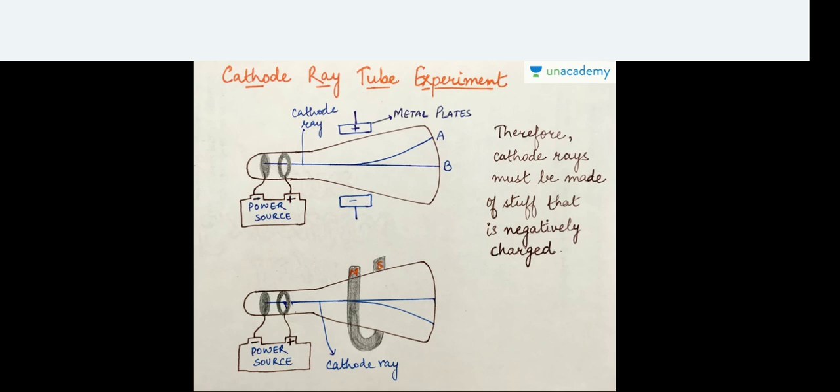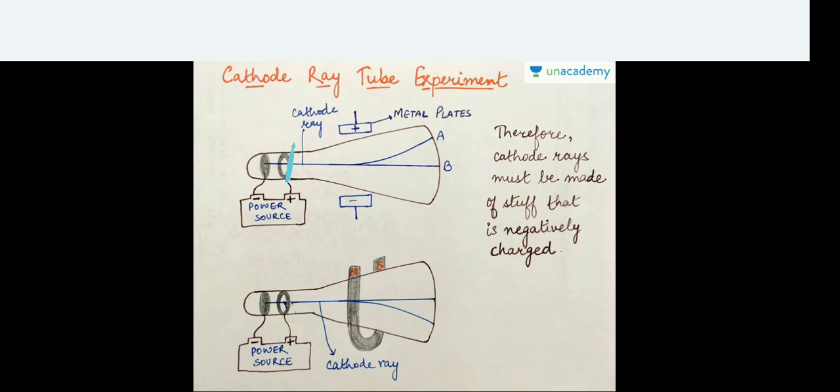Before J.J. Thomson carried out this experiment, it was considered that atoms were indivisible in nature according to what Dalton said, and it was almost considered to be true. So what J.J. Thomson did was, he did an experiment in a glass tube with vacuum in it, and two metal pieces were placed inside it.